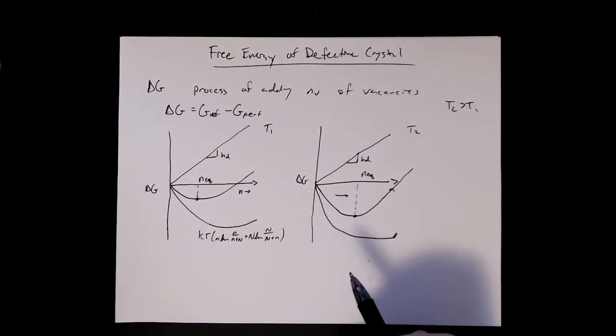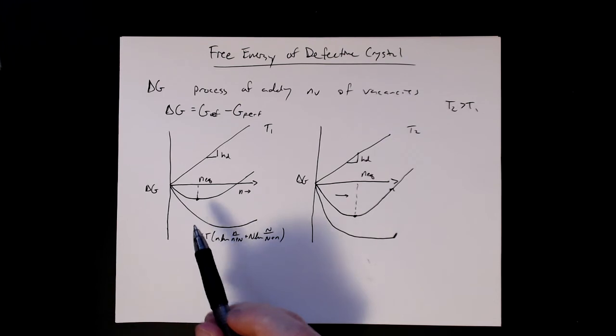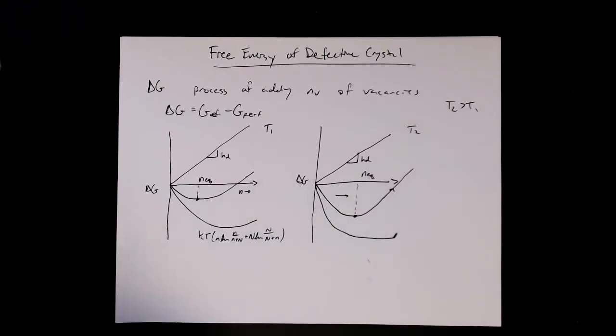So what this is saying is that the enthalpy plots linearly and increases with the number of vacancies, but the entropy term generally decreases with increasing numbers of vacancies up to that point. And when we put that all together, it gives us that minimum that we saw. However, increasing the temperature increases the equilibrium number. And that's what we expect from these relationships, right? If we increase the temperature, we increase the number of vacancies. That's the relationship that we previously saw.